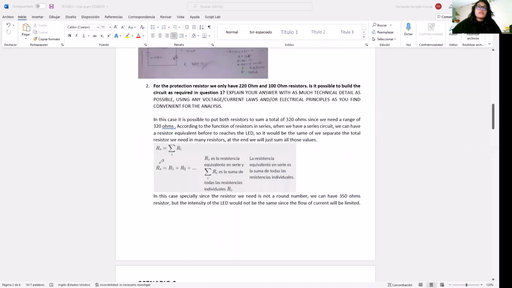And here we know the rule for the sum of resistance: since our circuit is in series, we can sum all the resistances to have an equivalent resistance. So in this case, we have the case of 330, and using these two resistors can be used if we have not the mid-range of the resistor, but maybe the minimum, that is 305.